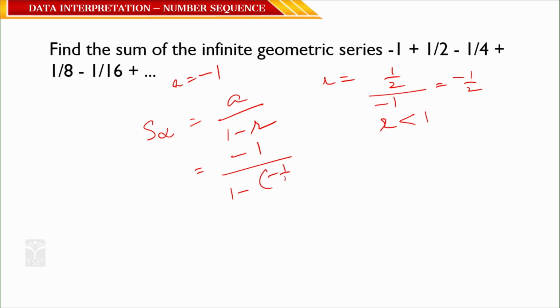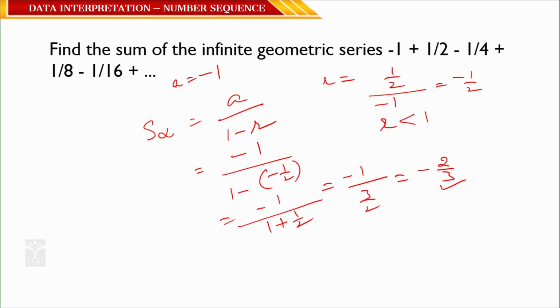Minus 1 by 1 minus of minus 1 by 2, which is minus 1 by 1 plus 1 by 2, that is minus 1 by 3 by 2, or you can say it is minus 2 by 3. Understand? So, S infinity is equal to minus 2 by 3. Like this, you can find the sum of an infinite geometric series.